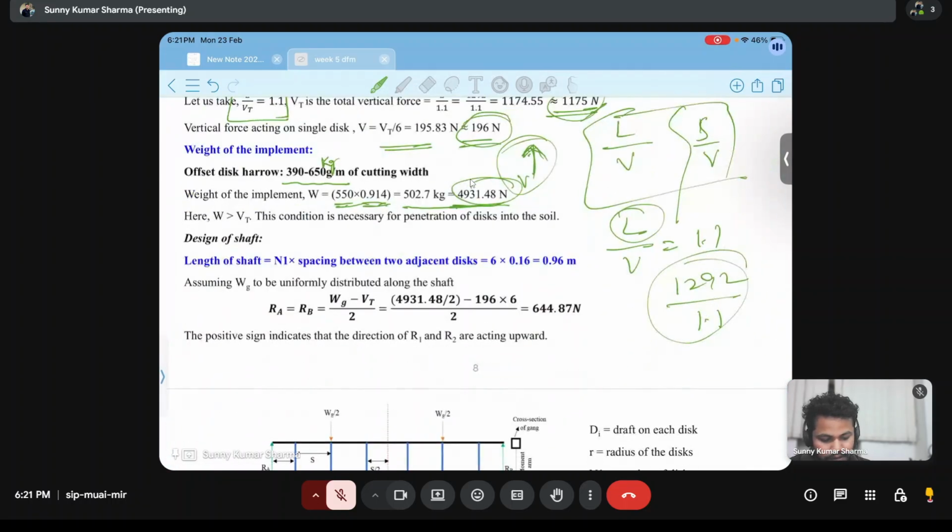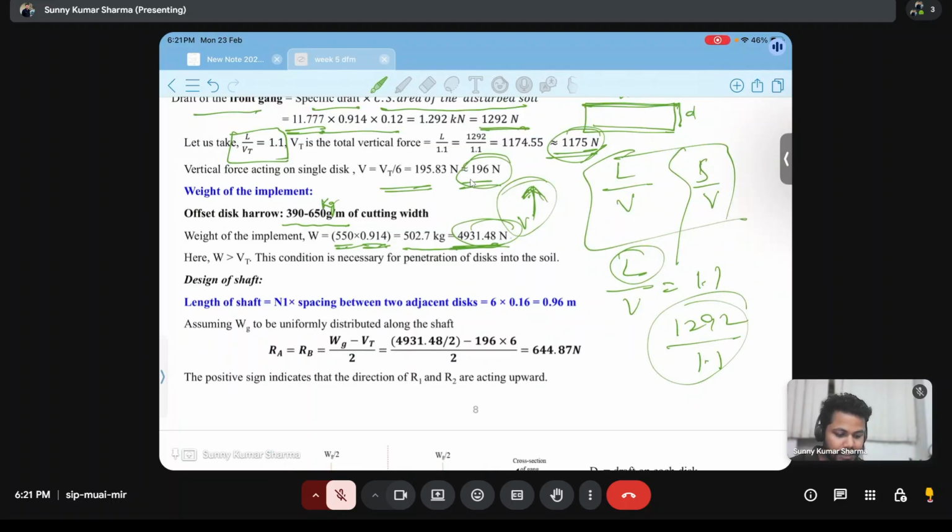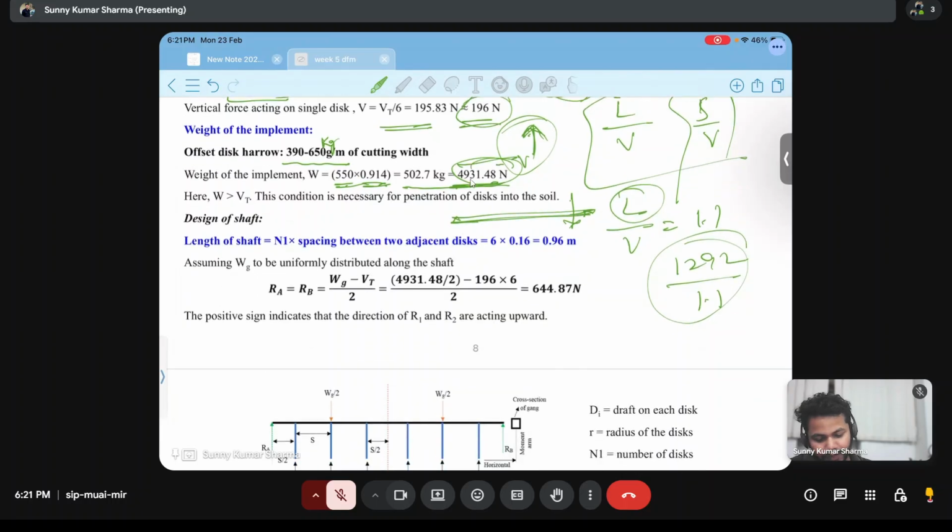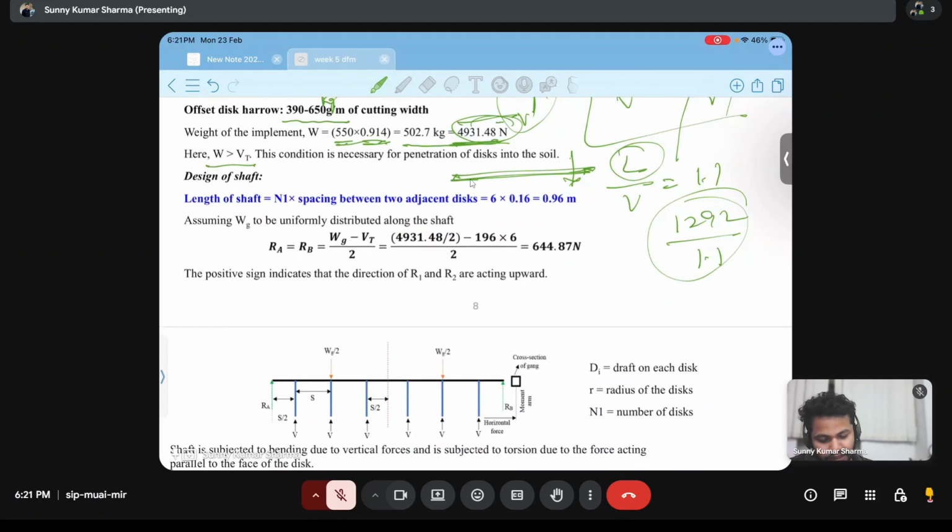This weight of the implement should always be greater than the vertical force. Only then will it penetrate into the soil and do the tillage operation. So W is greater than V. This condition is necessary for penetration of the disc into the soil.